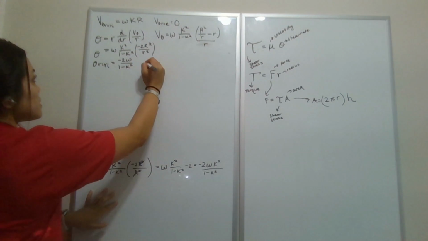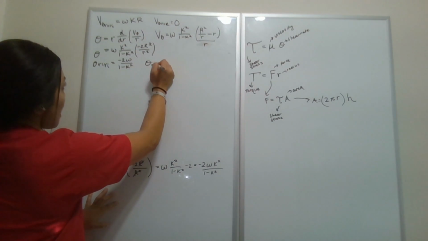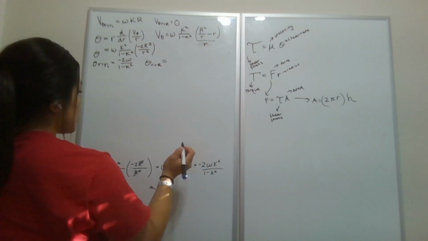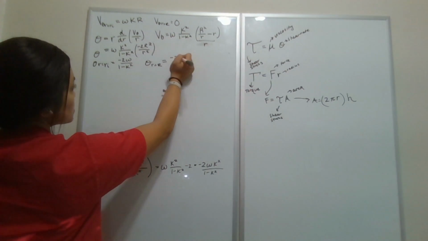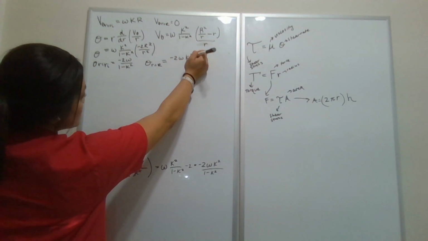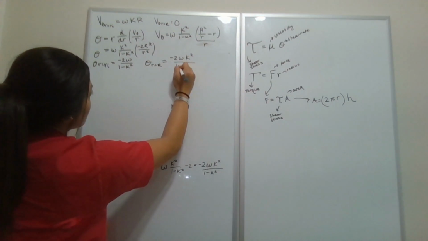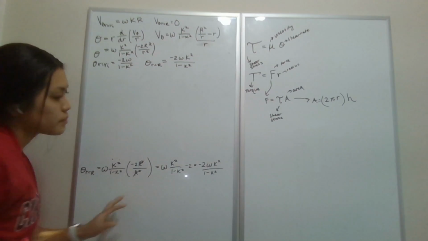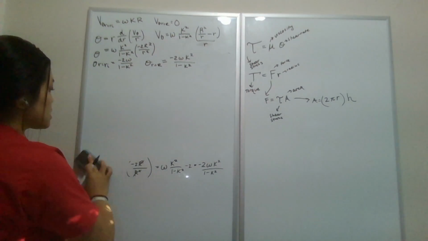And we defined that the shear rate at the outer cylinder, at the outer radius, is -2 times the angular frequency times the proportion between the inner and outer radii squared divided by 1 minus the proportion squared.